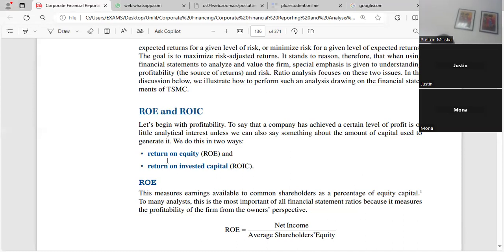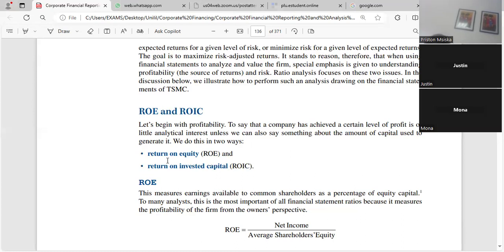That will give you the return on equity. So the return on equity is equal to net income divided by average shareholders' equity.